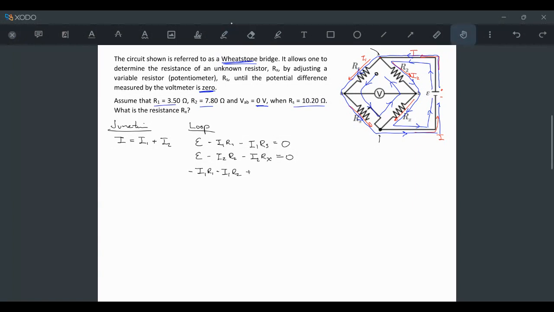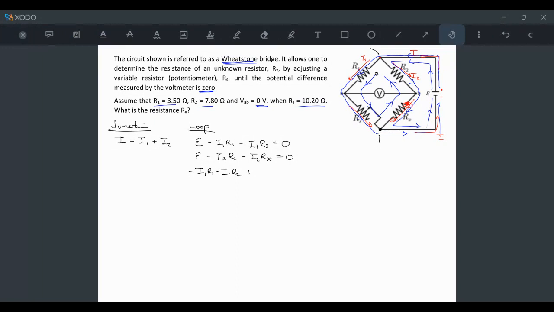The reason this increases is because the current I2, when it reaches Rx, is moving down and to the left. We're going up and to the right. So you can imagine that the potential, we'll maybe switch to red just to be consistent, was higher here before the current went through the resistor, then the current went through the resistor, and it's minus here. So it's kind of like a polarity, positive, negative. So if we're going against that with the direction that we're going around this loop, then the potential is actually going to rise. We're going from negative to positive. And same story with R2 here.